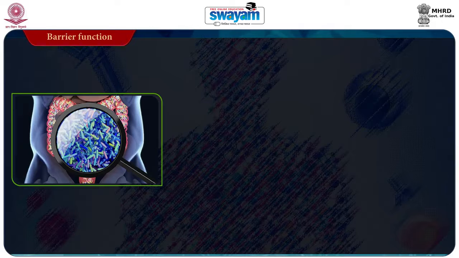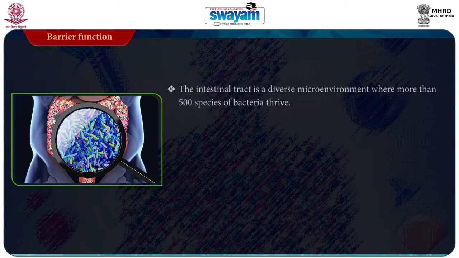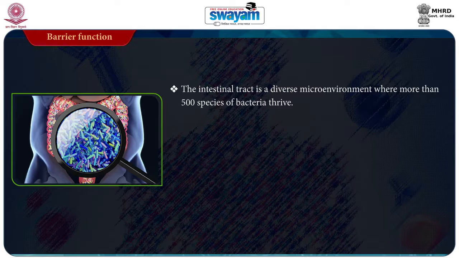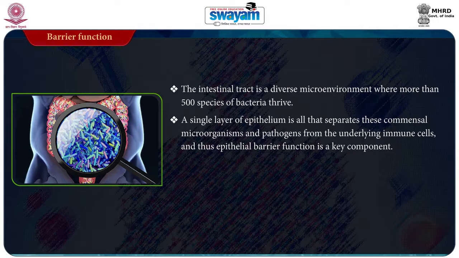Let's have a look at the first mechanism of action, that is nothing but barrier function. As we all know, the intestinal tract is a diverse microenvironment where more than 500 species of bacteria thrive. A single layer of epithelium is all that separates these commensal microorganisms and pathogens from the underlying immune cells, and thus epithelial barrier function is a key component.